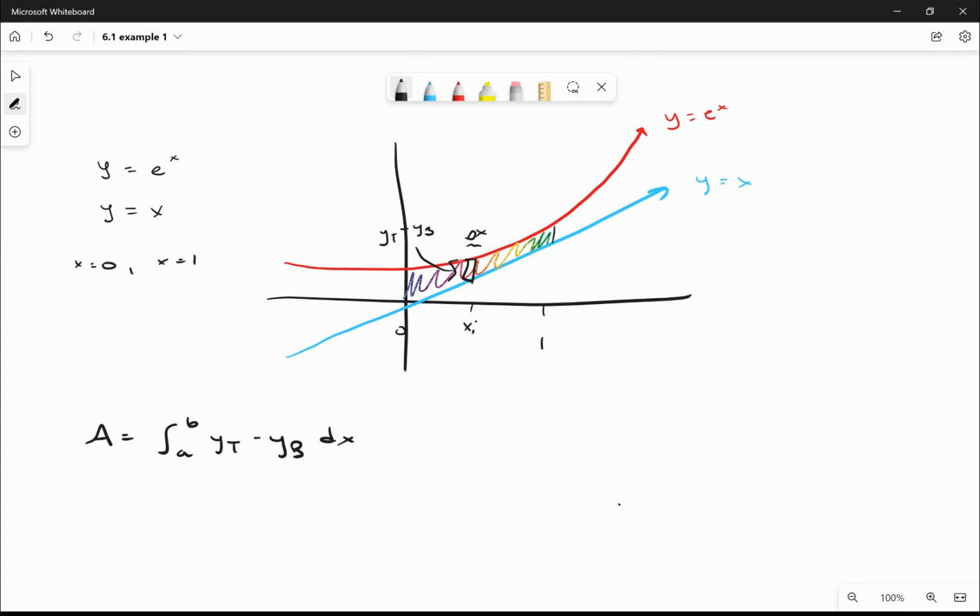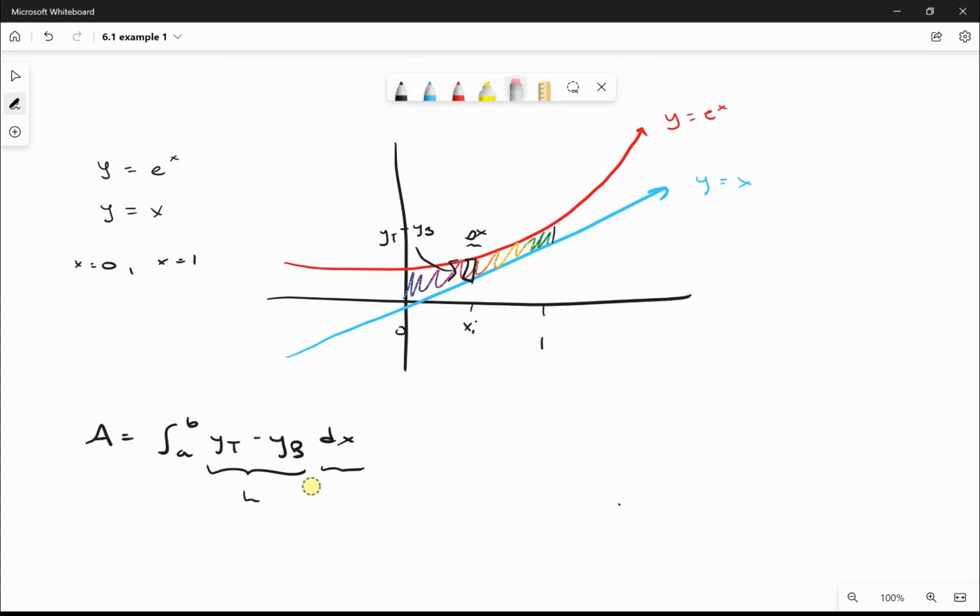Because really, if you want to think about the definition, this is just coming from summing up the areas of these rectangles. The width delta x becomes this dx, and yt minus yb is the height of the rectangle, right? So this is just like height times width of a rectangle, and then summing up those areas.